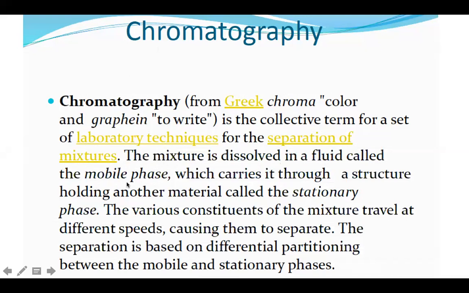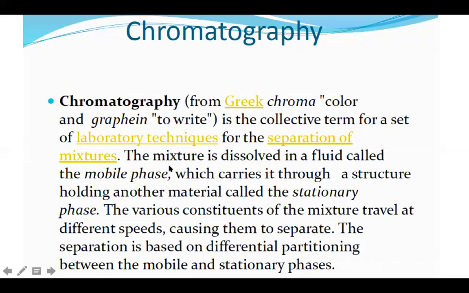That means we dissolve the mixture of the compound, for example, plant extract or microbial extract, in a solvent like ethyl acetate or acetone or methanol or any other organic solvent, and it is called mobile phase, which carries it through a structure holding another material called stationary phase.